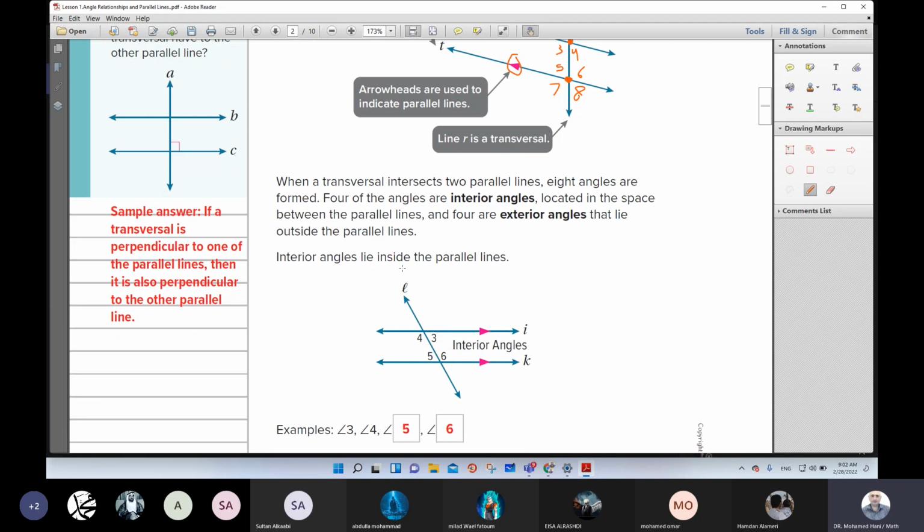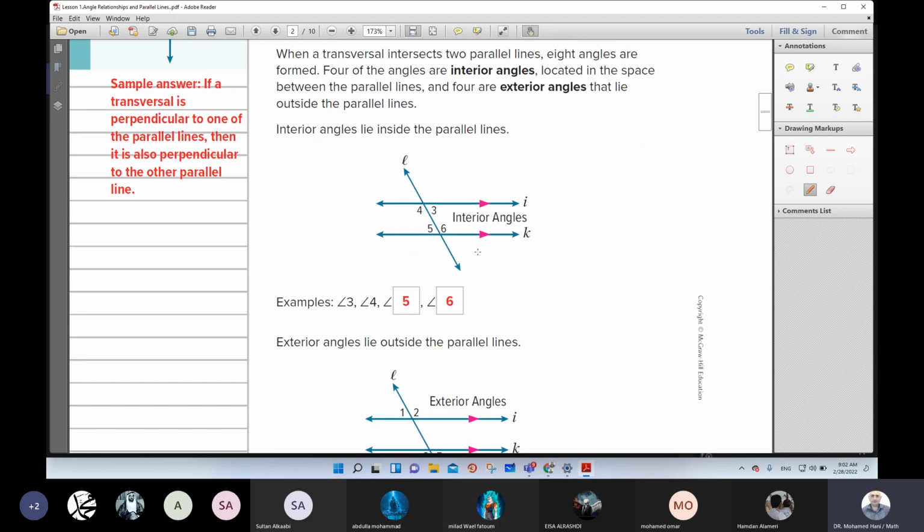Interior angles lie inside the parallel lines. As you see here, we have line J parallel with line K, with arrowheads here, and here we have line L intersecting the two lines. So we have eight angles, 4 interior and 4 exterior.